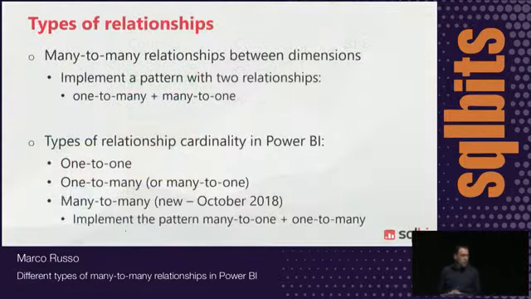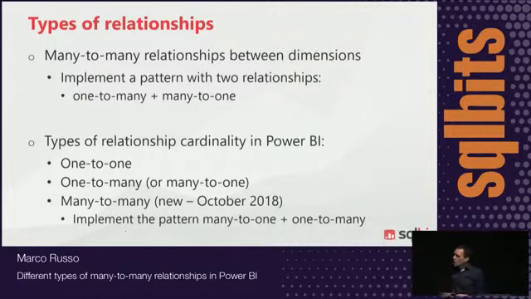But today we're going to talk about relationships, and we're going to talk about different types of many-to-many relationships. I will try to explain why what is called many-to-many in Power BI today, there is a kind of relationship called this way, is in reality something that we would like to call by a different name, even though we don't have a good name.